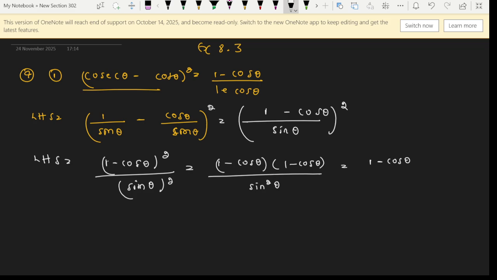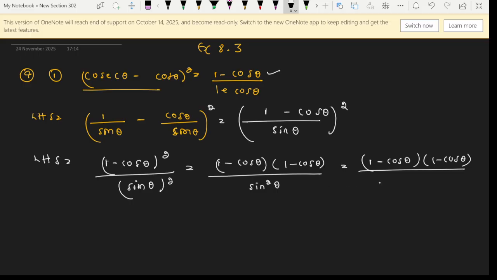So (1 minus cos theta)(1 minus cos theta). I'm not expanding 1 minus cos theta using (a minus b) whole square, because finally I want 1 minus cos theta in the numerator, so I'm keeping 1 minus cos theta as it is without disturbing it.